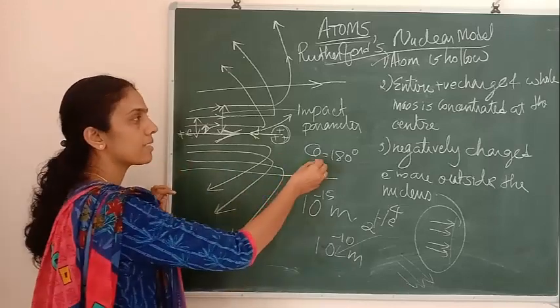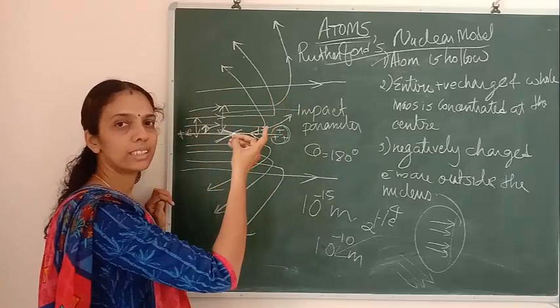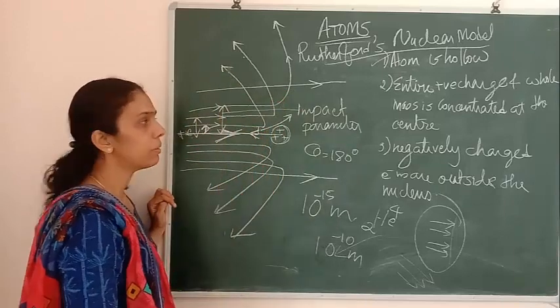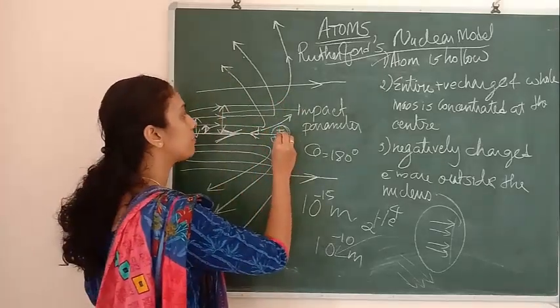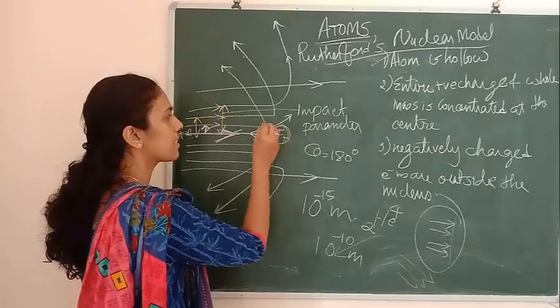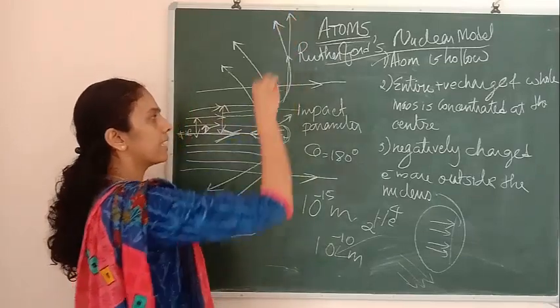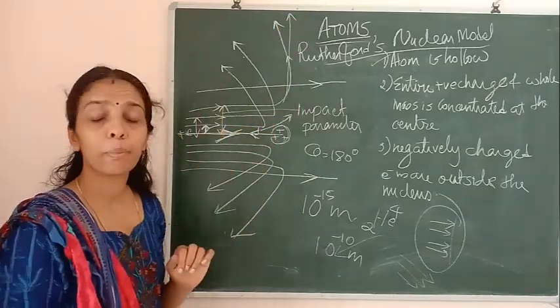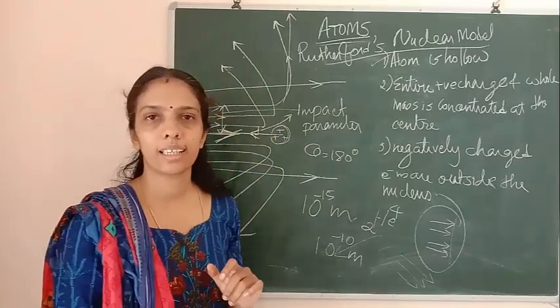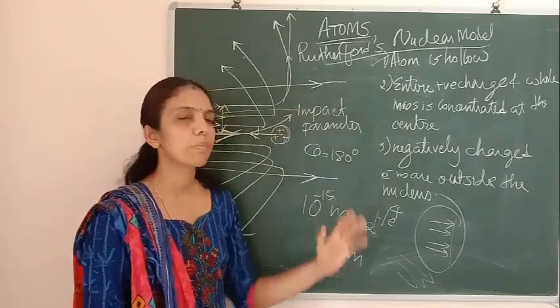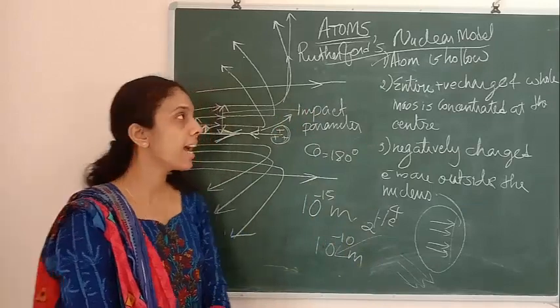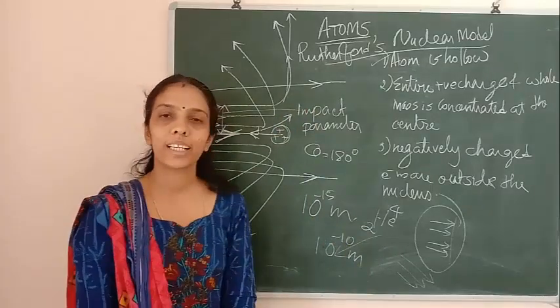And if we consider theta equals 90 degrees, the impact parameter will be more. If the atom scatters like this, then the impact parameter will be more in that case. Clear now what is meant by impact parameter and Rutherford's nuclear atom model.